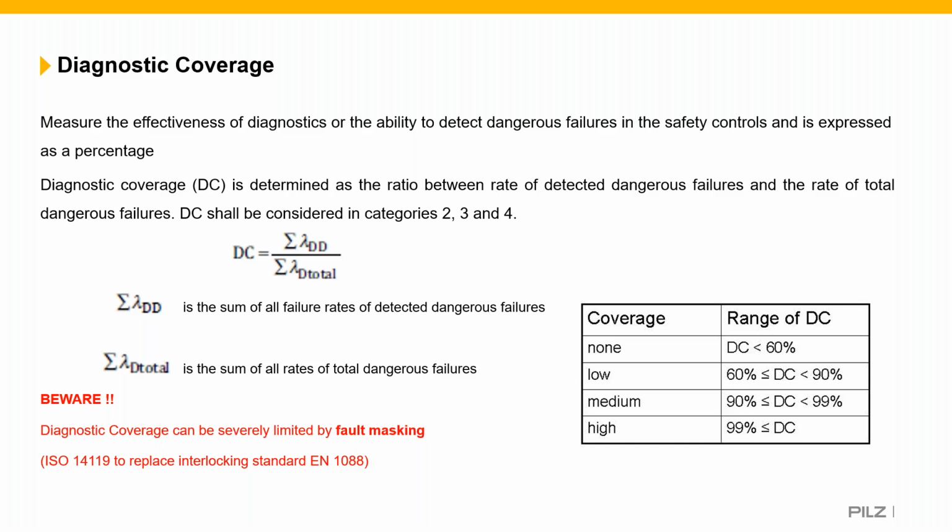As we talked earlier about references from other B standards, when 14119 took over from 1088 as the interlocking standard, there was a reference in the technical report TR24119, which supported the standard, to state that if there's a table in there which talks about open guards, there was a line underneath that said something like: if it's foreseeable that fault masking will occur, i.e. multiple movable guards could be open at the same time for general use or service, then diagnostic coverage would be limited to none.